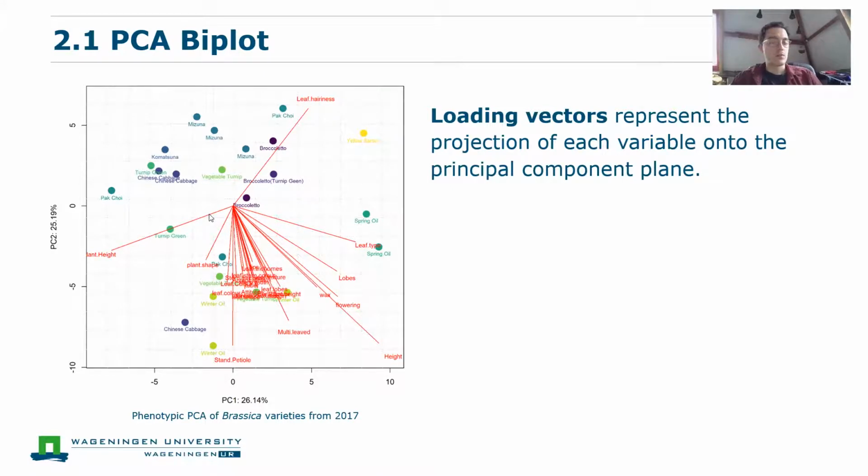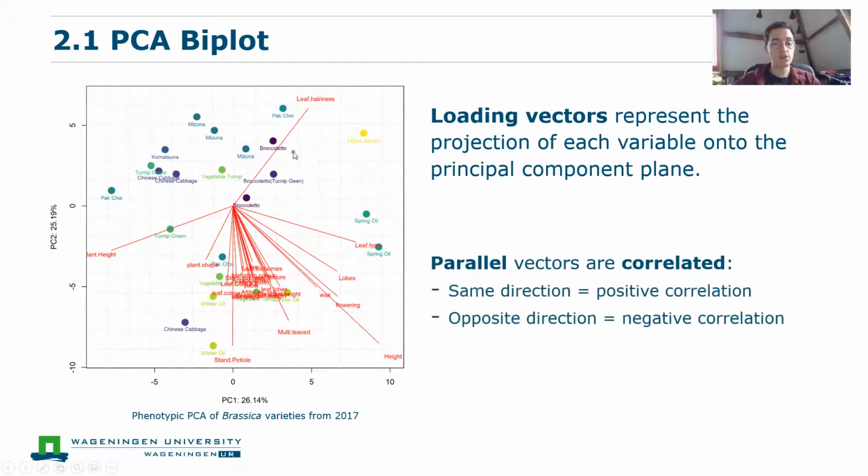But you can interpret loading vectors very easily if you think of them as extra axes in the plane. So whatever is very high on the leaf hairiness axis, going in this direction, for instance this pak choi, is very high on leaf hairiness, whereas this Chinese cabbage is very low on leaf hairiness because it's on the other side of the axis.